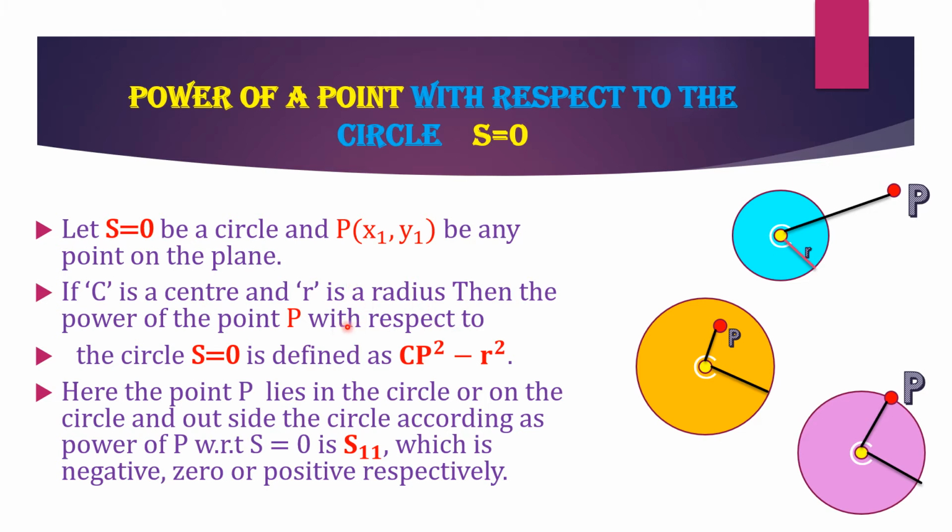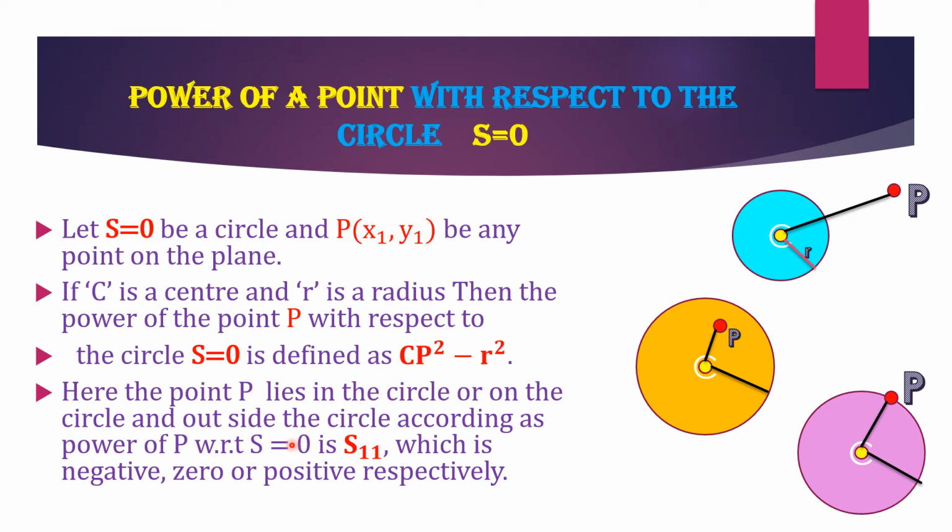Then the power of the point P with respect to the circle S equal to 0 is defined as CP square minus r square, that is, the difference between the squares of CP and the radius. The point P lies inside the circle, on the circle, or outside the circle according as the power of P with respect to S equal to 0 is negative, zero or positive.